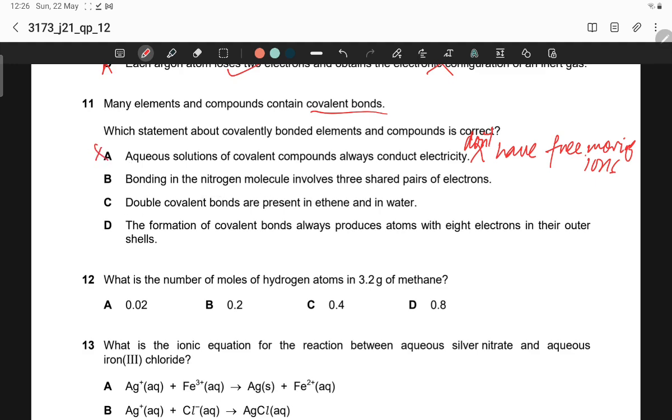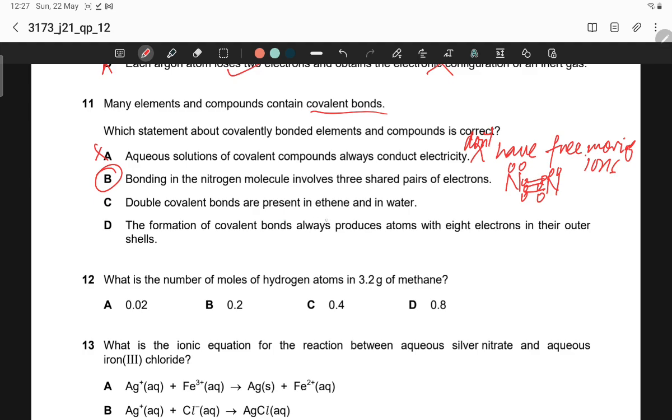Bonding in the nitrogen molecule involves 3 shared pairs of electrons. Yes, it must be correct, because nitrogen has a triple bond and shares 3 pairs of electrons.